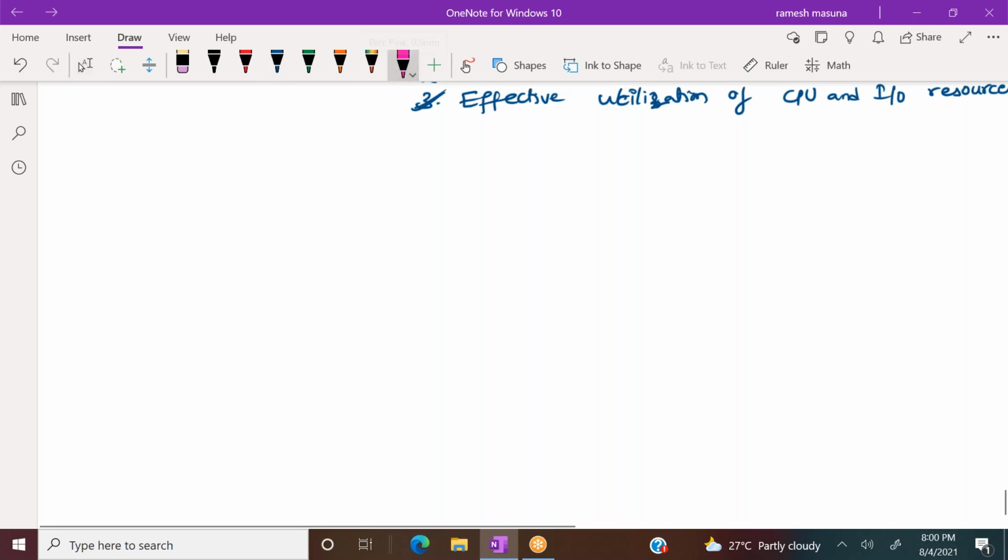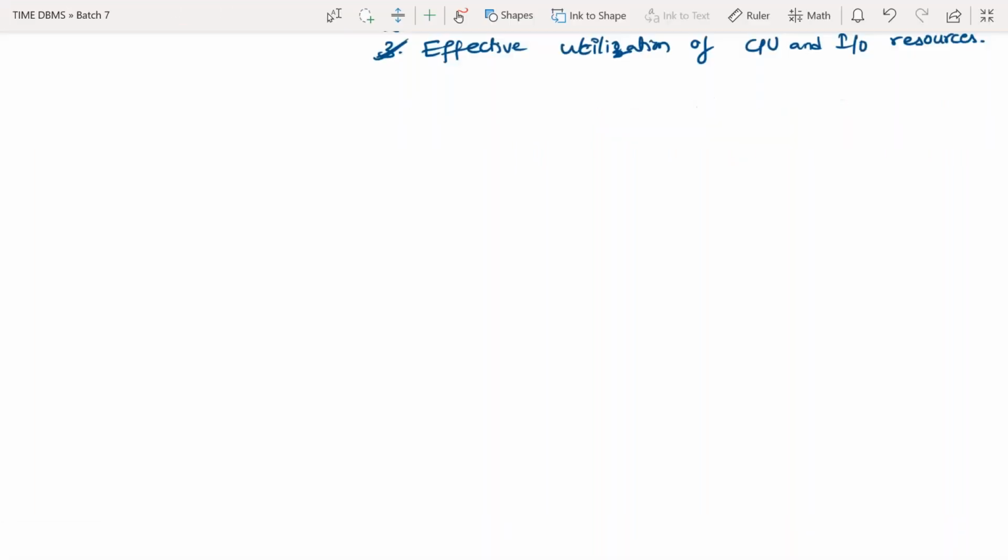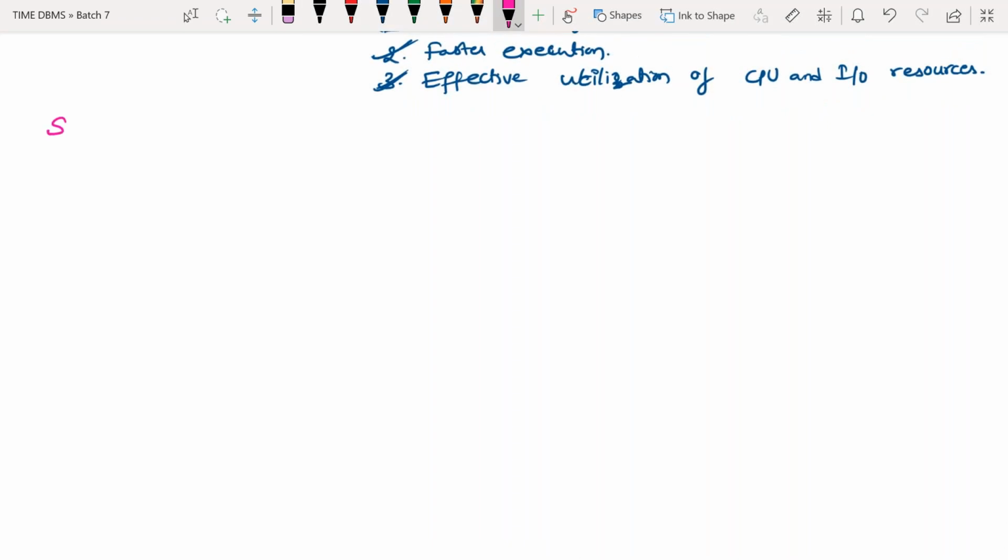To verify whether a given concurrent schedule leads to a consistent or inconsistent state, we use a mechanism called the serializability mechanism.